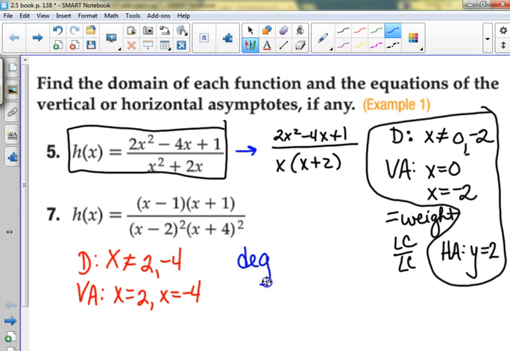It's not all foiled out for us, but if it was, what would we have on the top? We'd have just an x squared, right? So we can ignore this. If we ignore this and this, what would we have in the denominator? It's bottom heavy, so it approaches y equals 0.